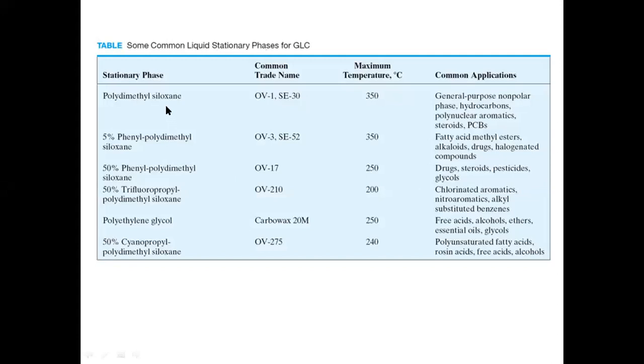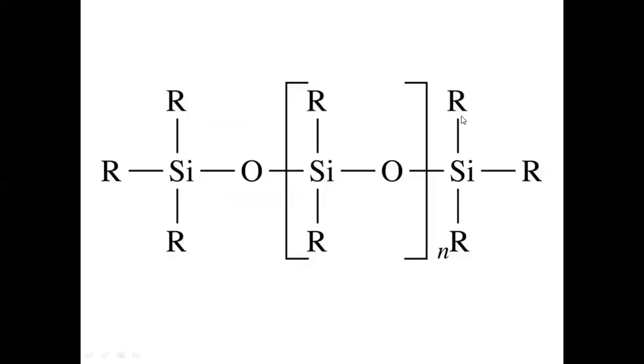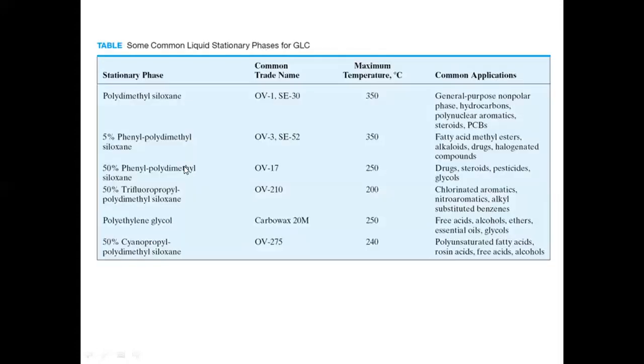If you take silica, we can get it in the form of polydimethyl siloxane. Polydimethyl siloxane means here R will be a methyl group. Get it? R in this formula will be a methyl group; that is called polydimethyl siloxane.